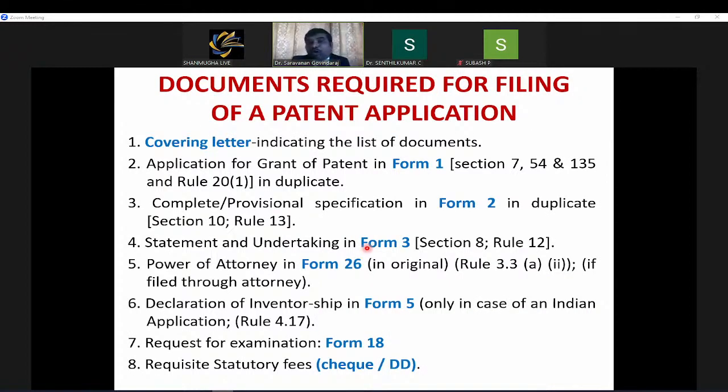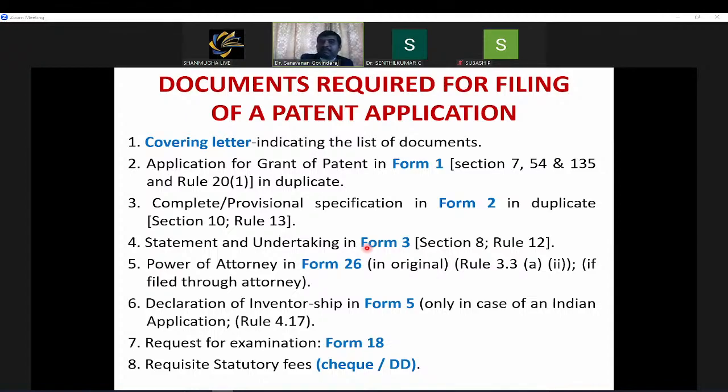These are the documents needed when you are filing your patent application. First thing, a cover letter. That is not a complicated thing. It is addressed from Dr. G. Saravanan, Professor and HOD, MNR College of Pharmacies, to the patent office, with a subject: that I have invented something and I need to apply for a patent for my invention.